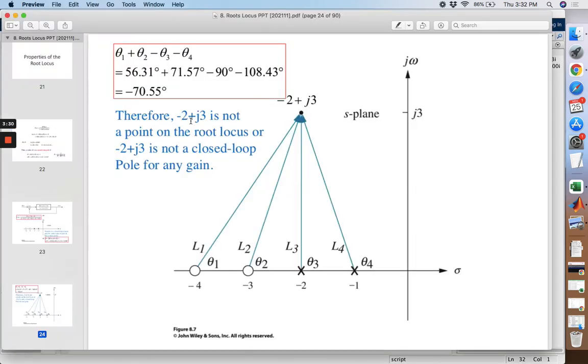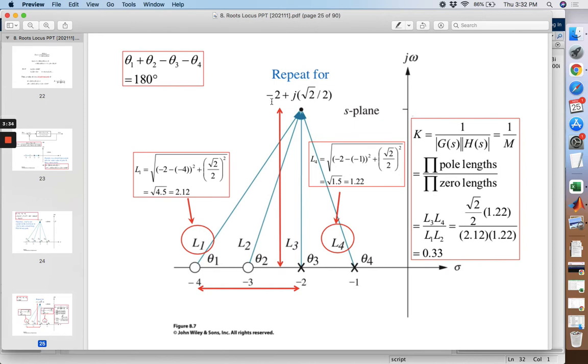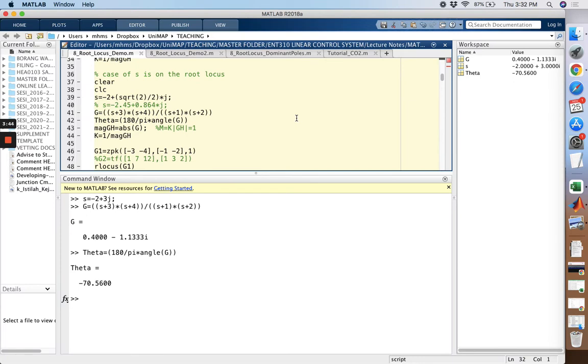And then we have another example. Our s now is negative 2 plus j square root 2 over 2. So is this s on the root locus? We can use MATLAB to solve this problem. Let me clear first.